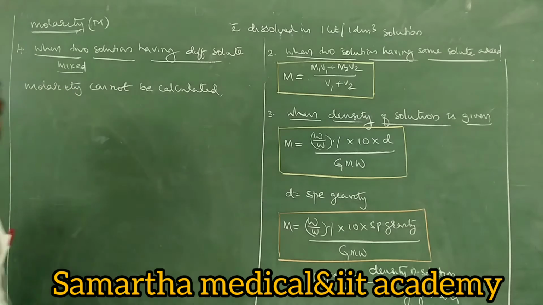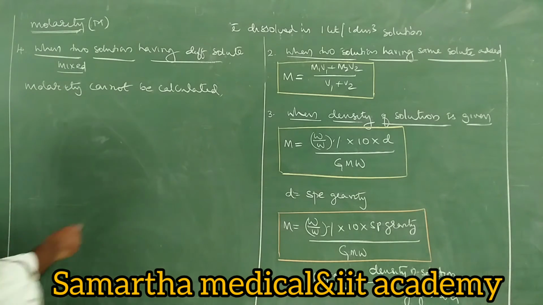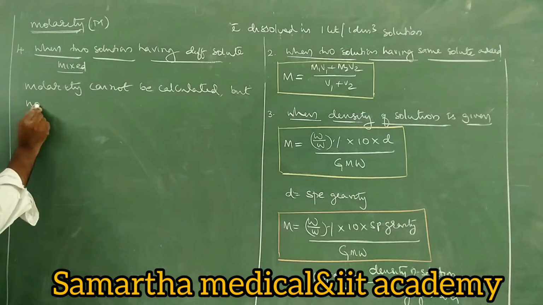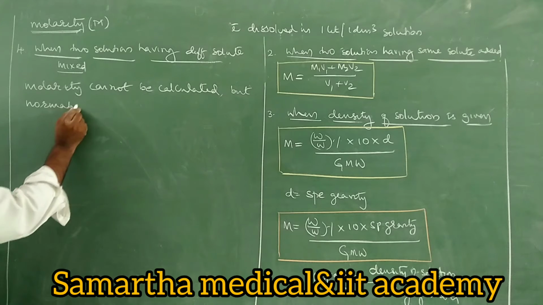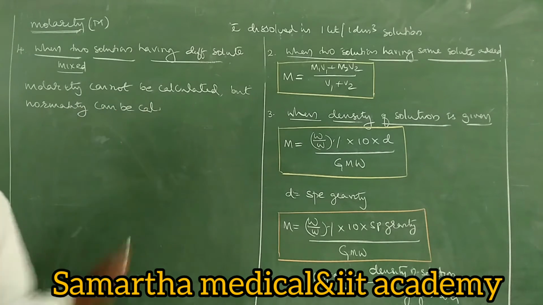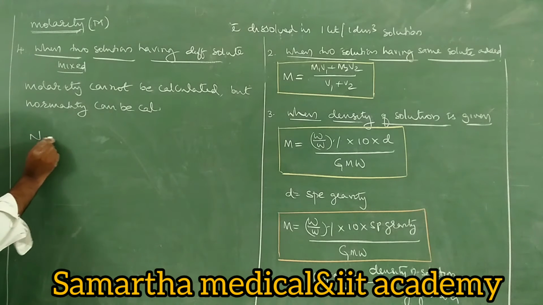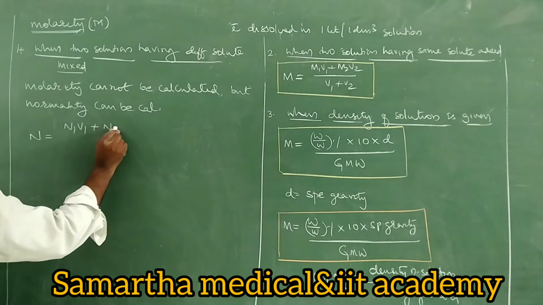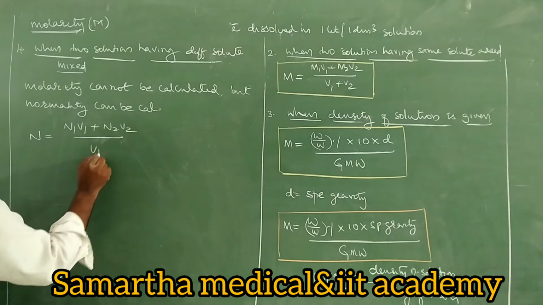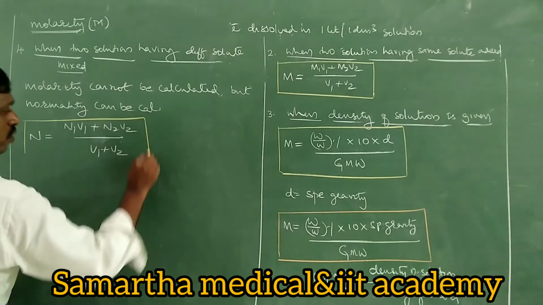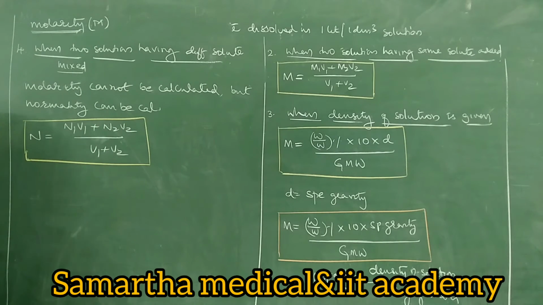But we can calculate normality. It is better to calculate normality and then convert into molarity. The normality of the resultant solution is equal to N1 V1 plus N2 V2 divided by V1 plus V2. This is the formula to calculate the resultant normality.